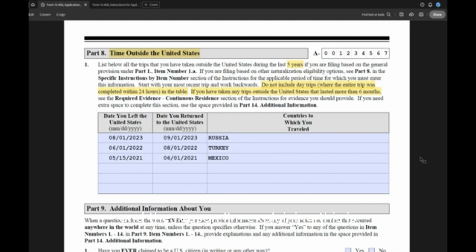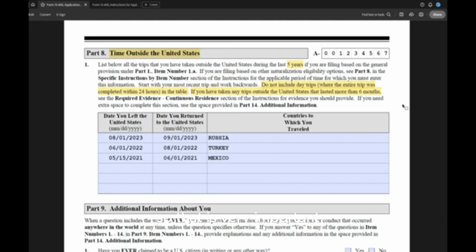And the reason I'm explaining this is for your personal calculations, and you have taken a trip that lasted about 6 months and you're afraid that it will interrupt your requirement to be a US citizen, you should really calculate if that 6 months trip actually fell within that 5 year period before you apply for naturalization, or if part of that 6 month period actually fell outside of those 5 years before you became a permanent resident.